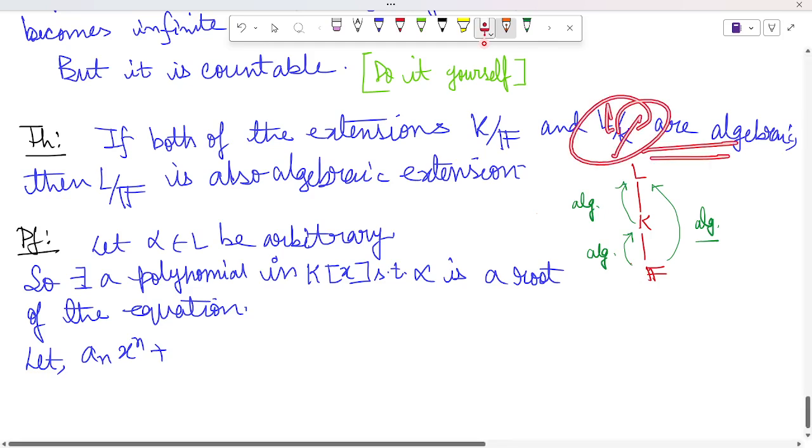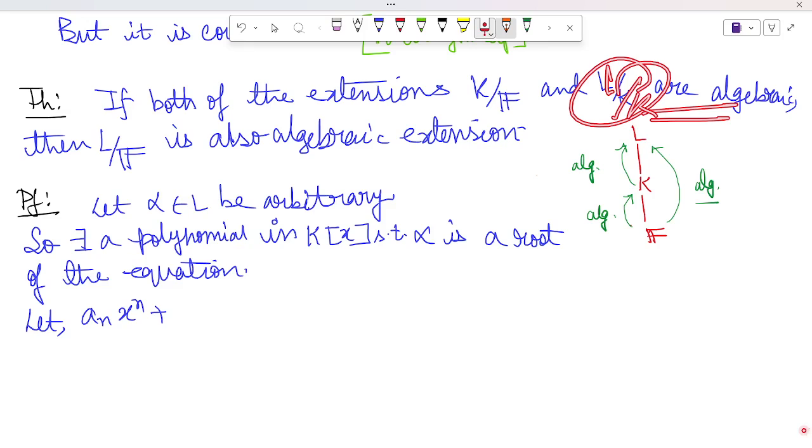So if I take any element, I will automatically get an equation by the definition of algebraic.